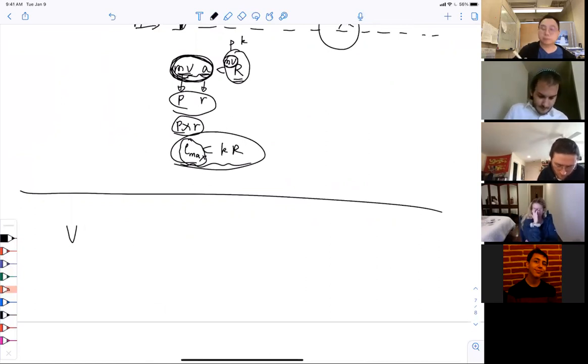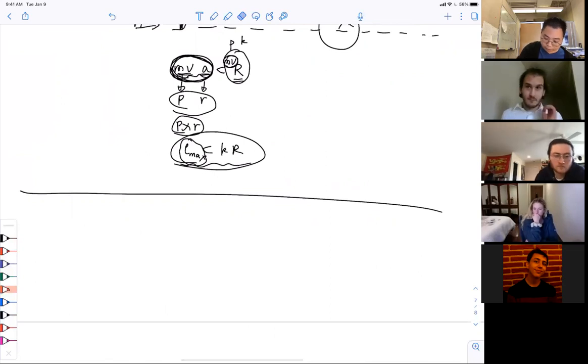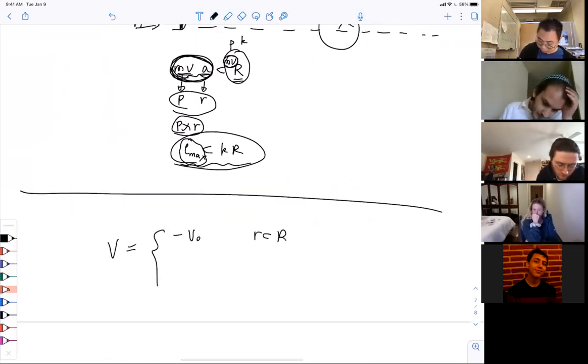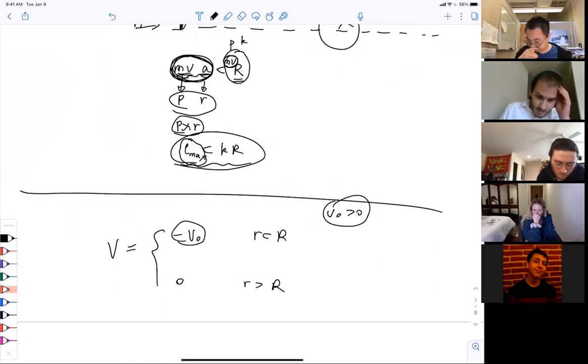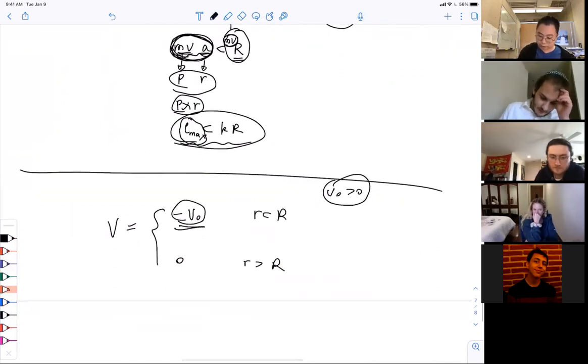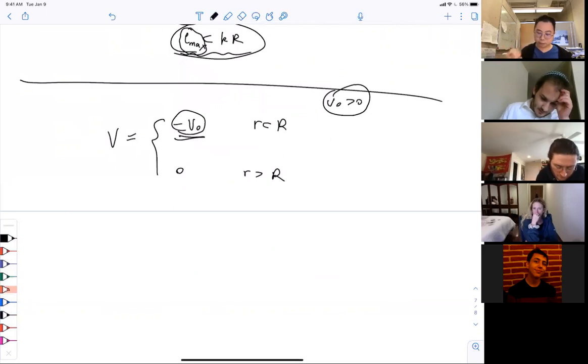Okay, so the problem is this. We have some attractive potential, assuming V is larger than 0, V not larger than 0. So an attractive potential, and we want to determine delta 0.